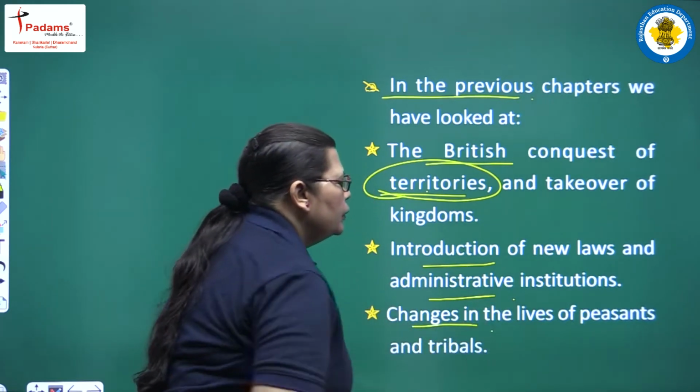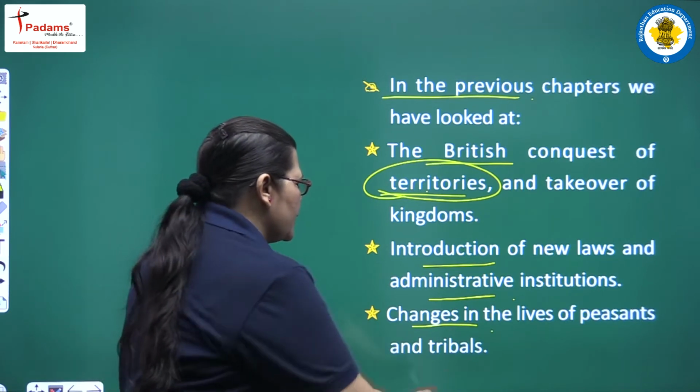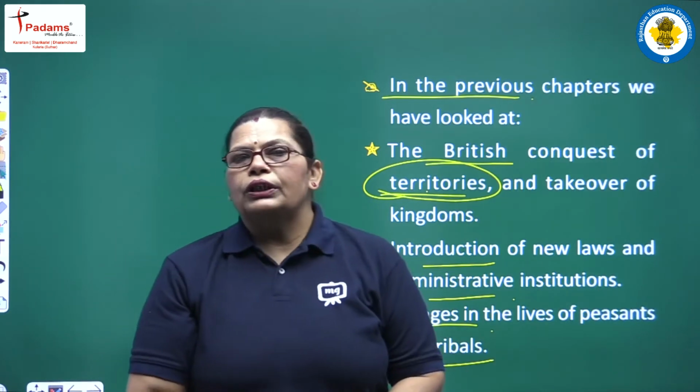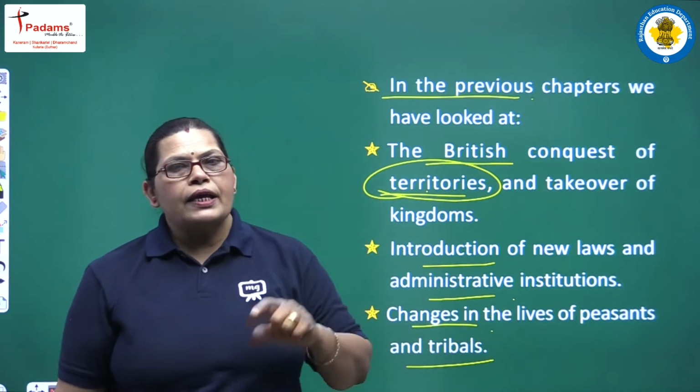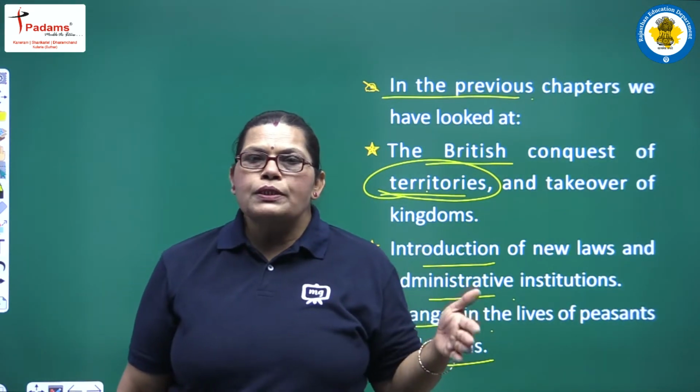Next is the changes in the lives of the peasants and tribals. A lot of changes took place in the lives of peasants as well as tribals, as we had already read in the tribals part.